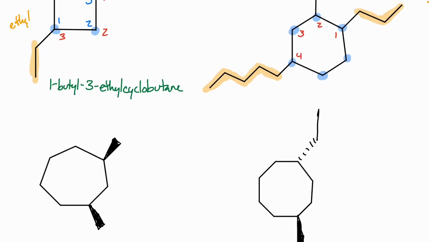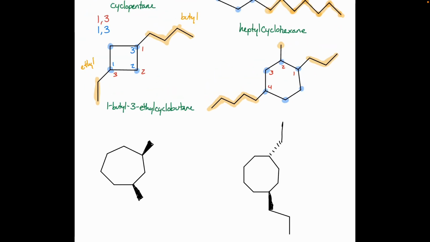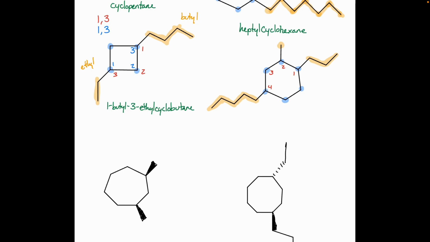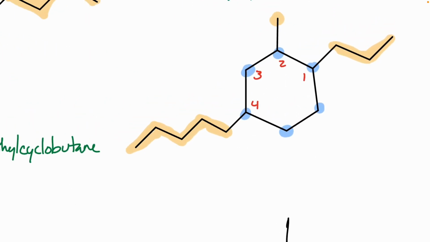Okay. When I put my name together, I'm still going to make sure to put my substituents in alphabetical order here. So this is 1, 2, 3, 4, 5. So this is a pentyl group. This is a methyl group. And this is a propyl group.